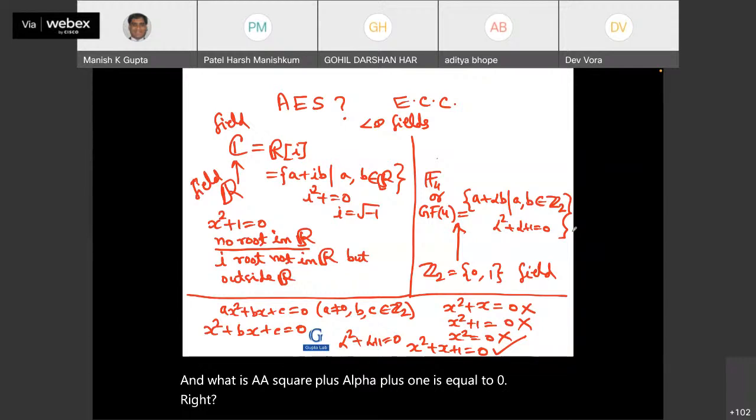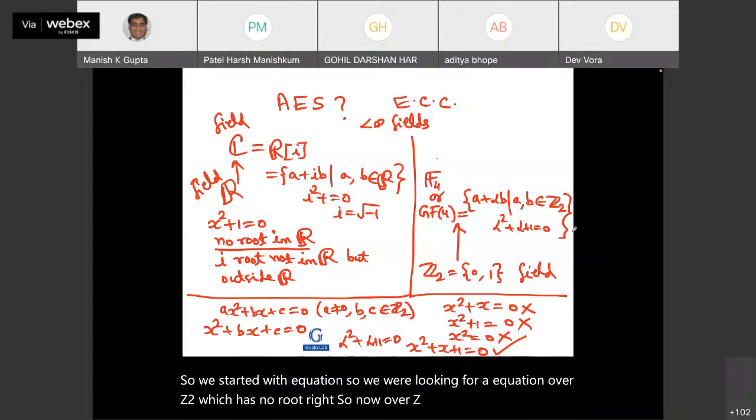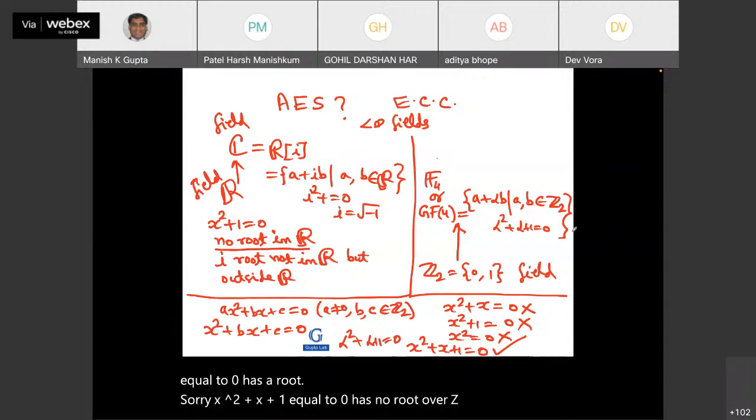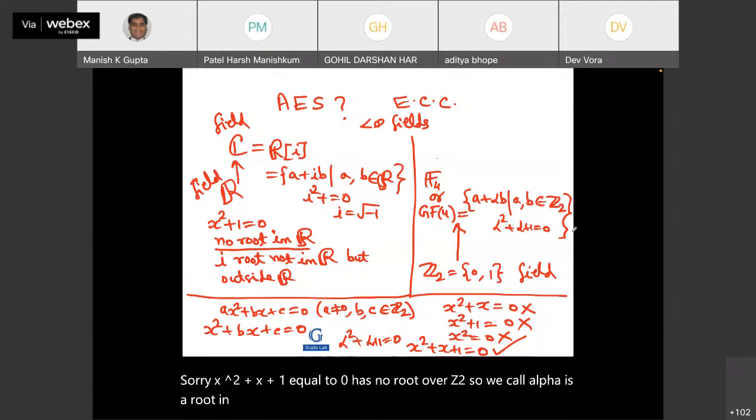So we started with an equation. We were looking for an equation over Z2 which has no root, right? Over Z2, there are 4 equations possible of degree 2. We saw that 3 equations have a root. Only one equation, x square plus x plus 1 is equal to 0, has no root over Z2. So we call alpha a root of this equation, which is beyond Z2.